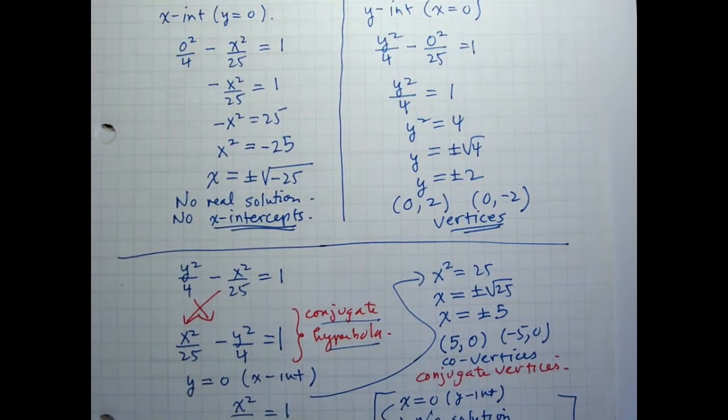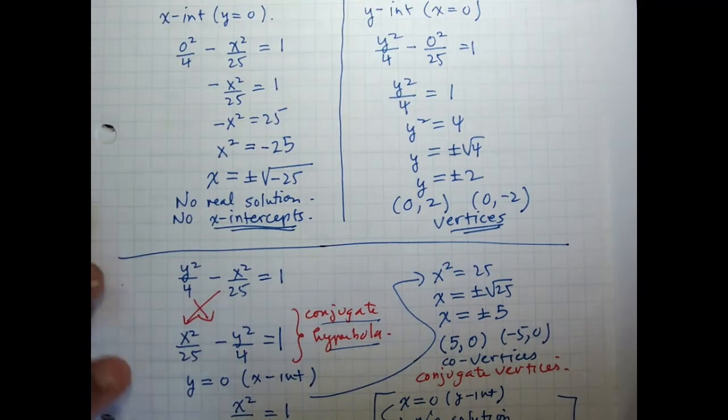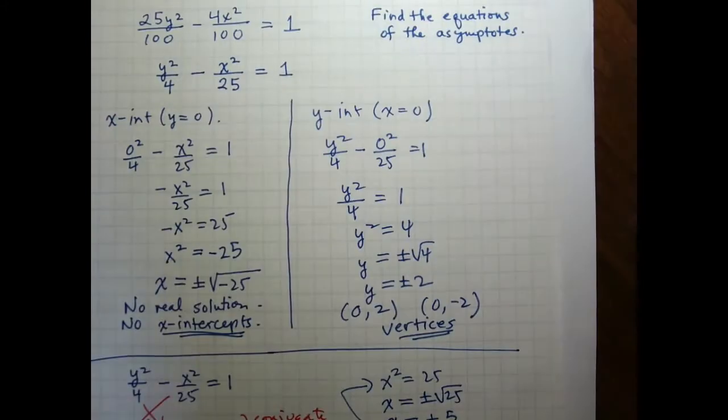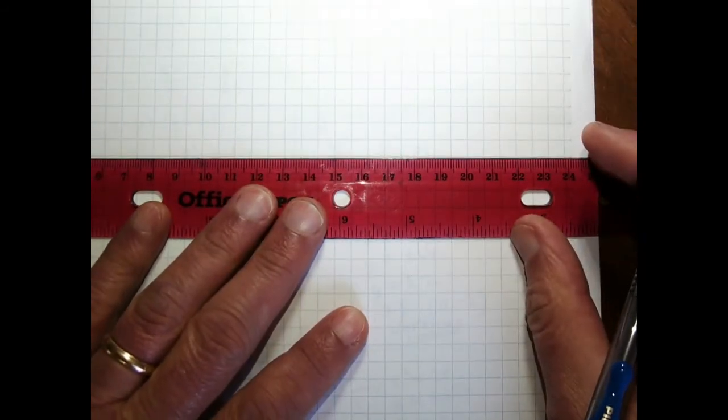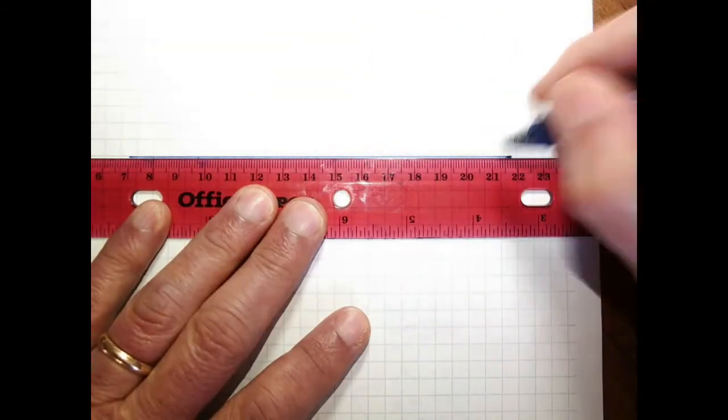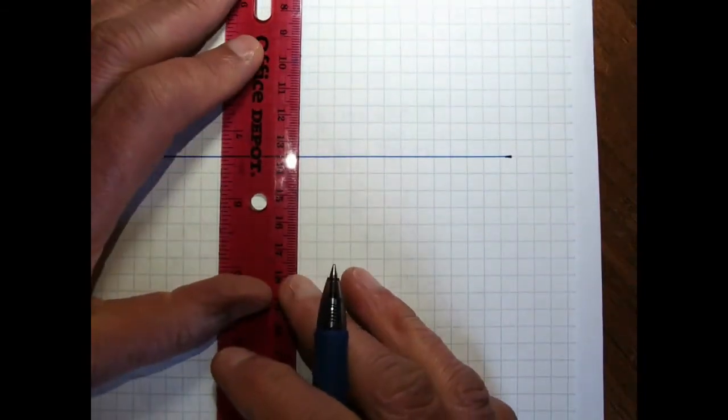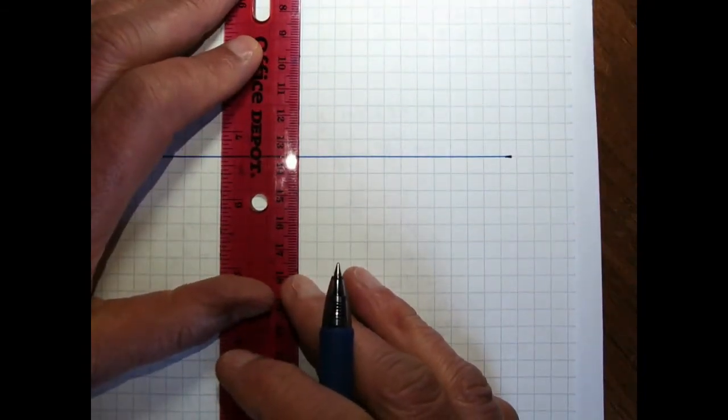Right, so now we're ready to start drawing our graph. And let's see, I have to plot my intercepts and my conjugate intercepts.